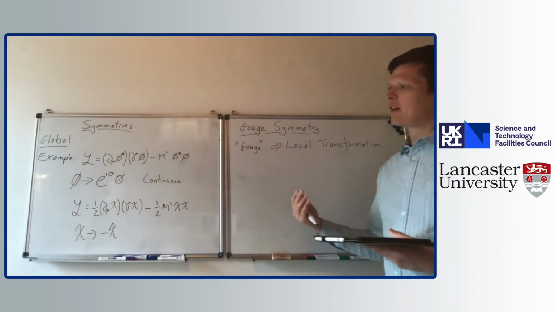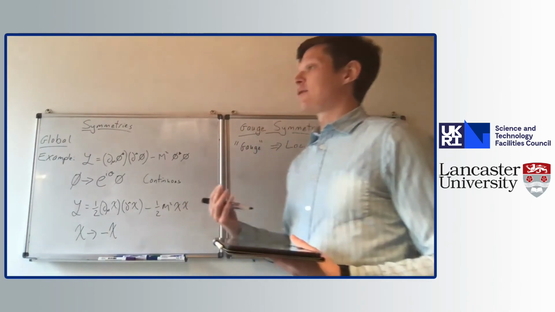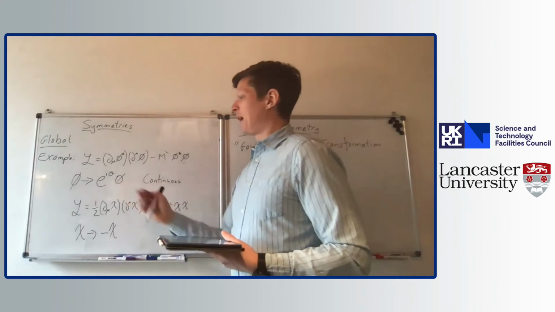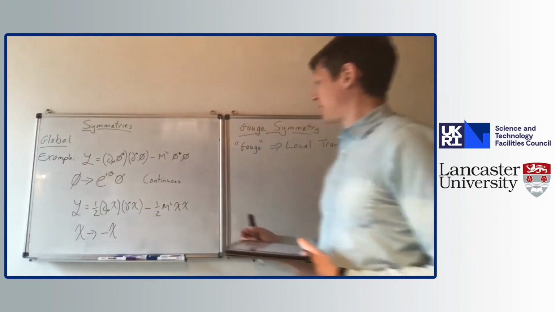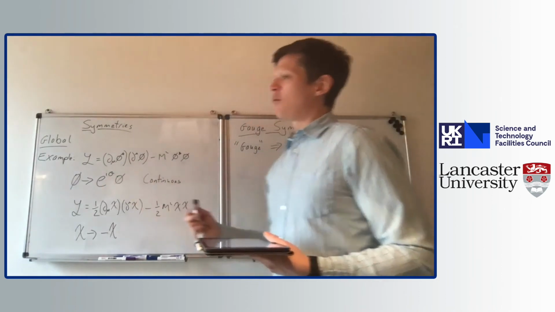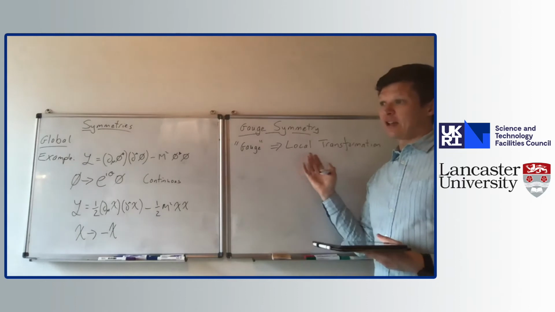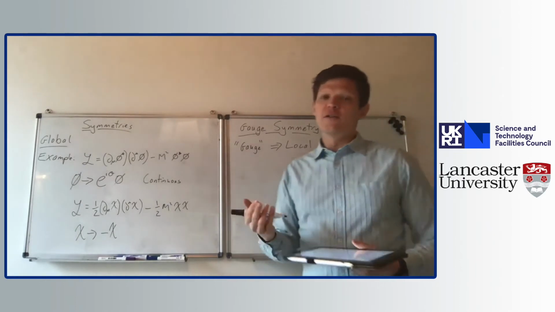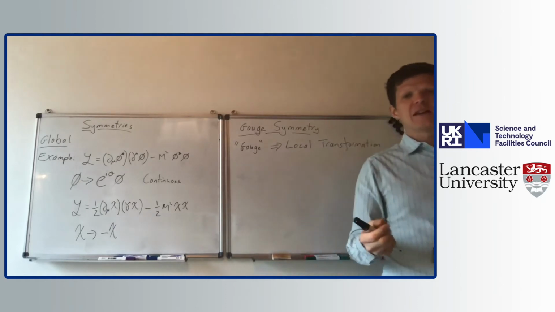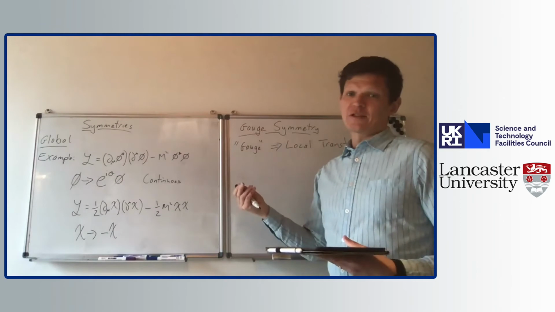So it's not like different sectors of the theory are really labeled by the value of theta. It's more like once you have a local symmetry like this, or a gauge symmetry, there are just many ways of parameterizing the theory, which will give exactly the same answer all the time.